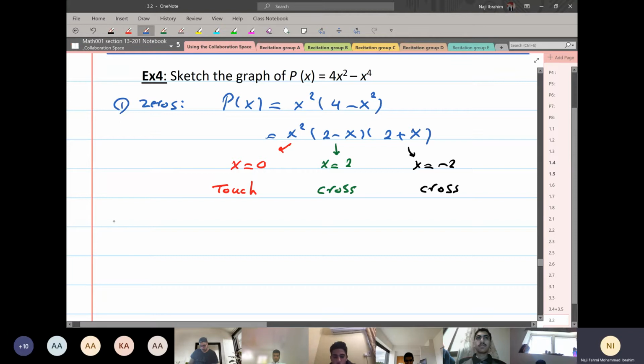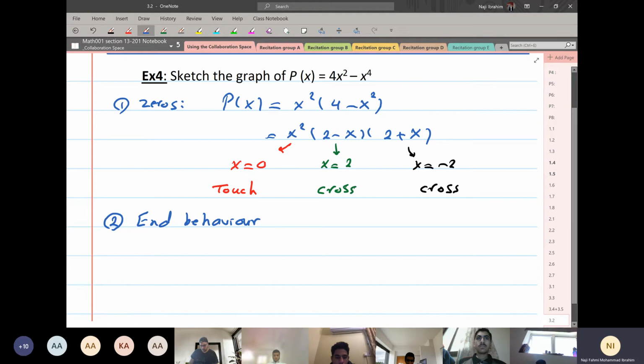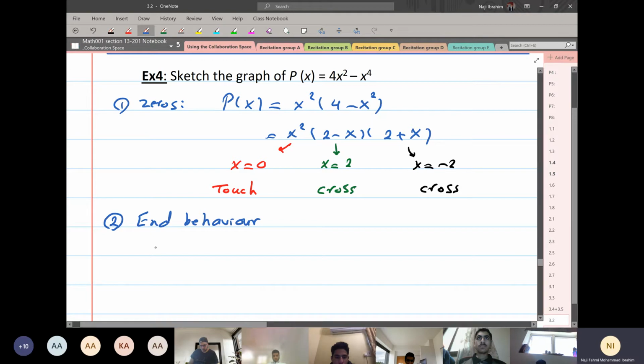The second step that we should do is to study the end behavior. If you remember last time, and we made a revision today also, the end behavior depends on the degree and the leading coefficient, or the sign of the leading coefficient. What's the degree in this example? 4, which is even.